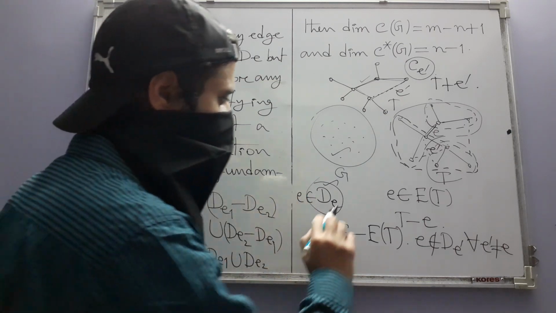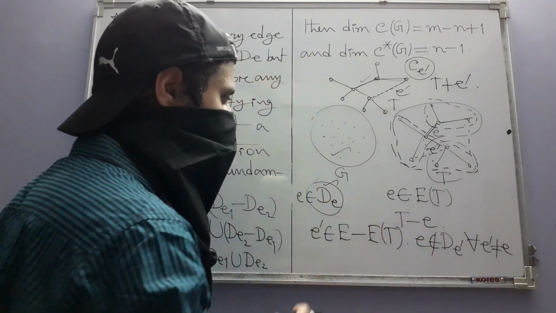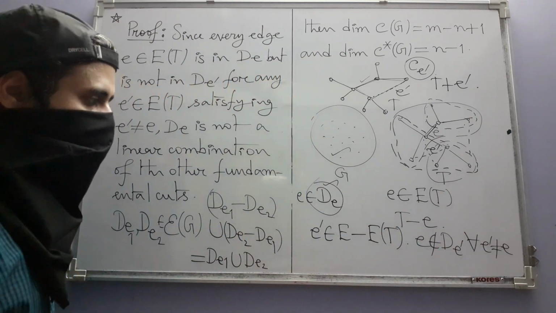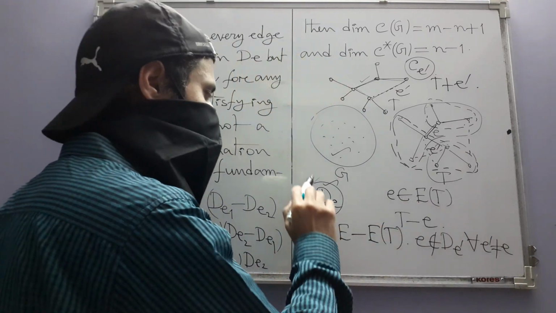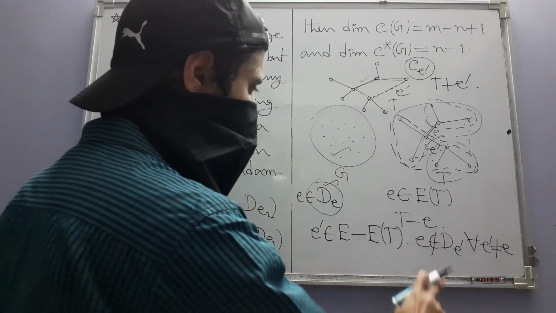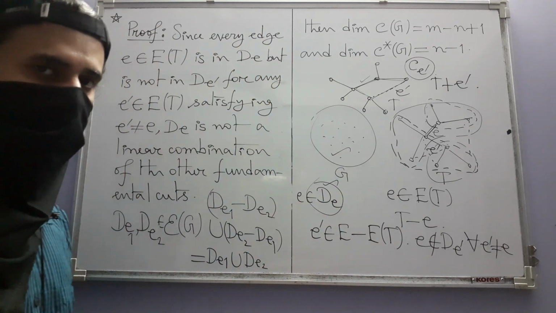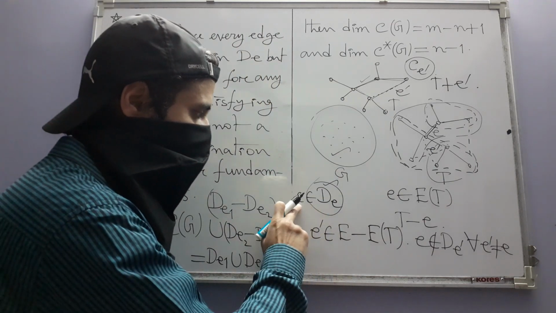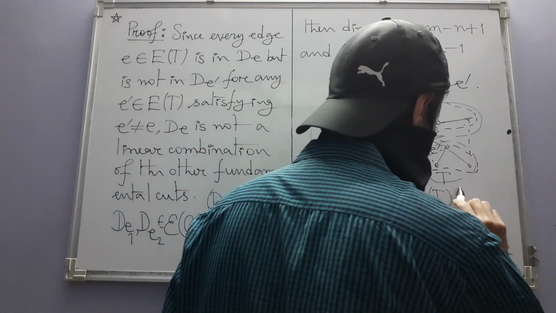So if you take the linear combination of the other fundamental cuts, that means considering their union. So if E does not belong to any one of them and E only belongs to DE, then naturally their union would not contain E. That means you have an element E in DE which is not in this union.